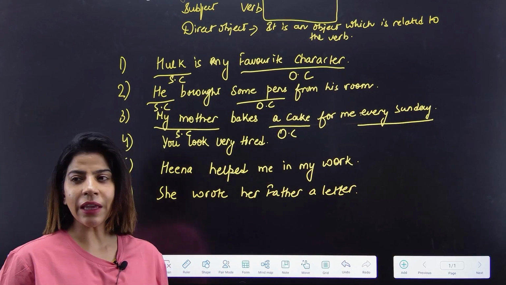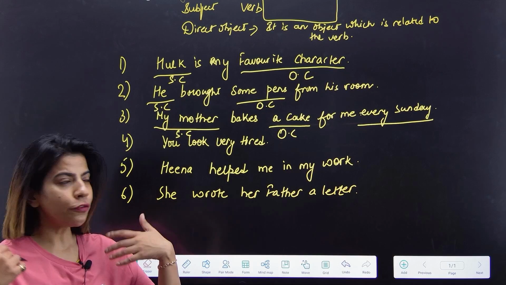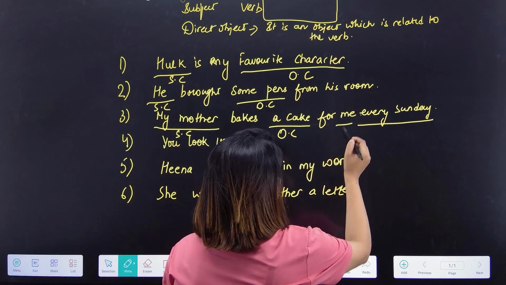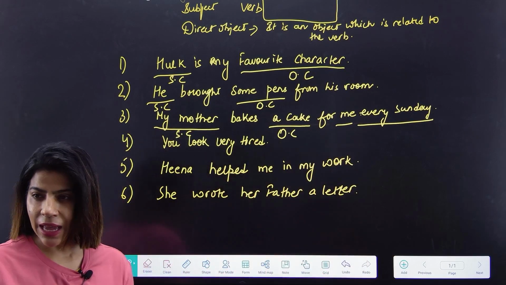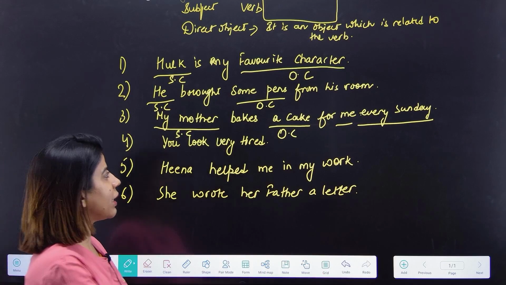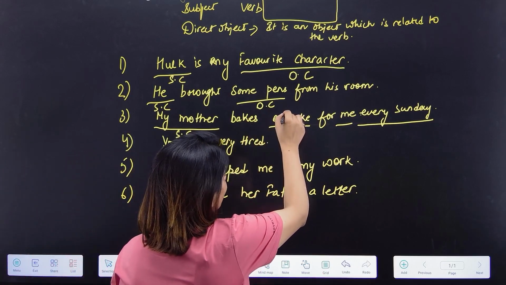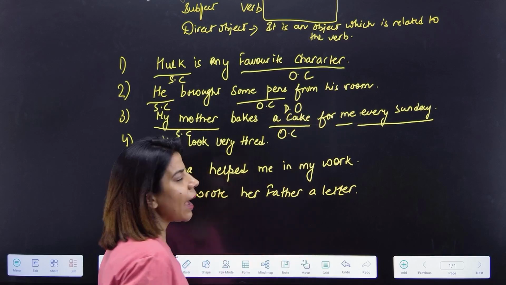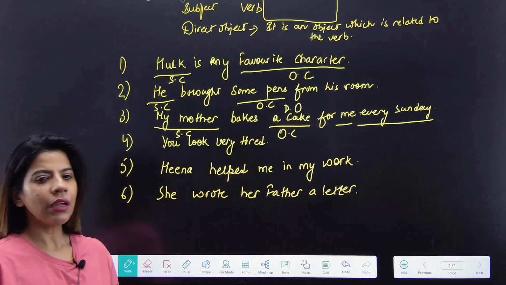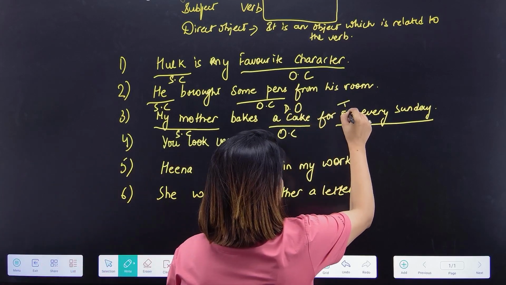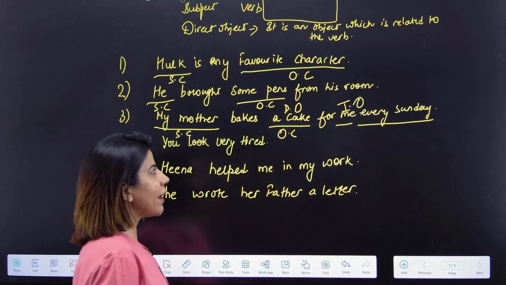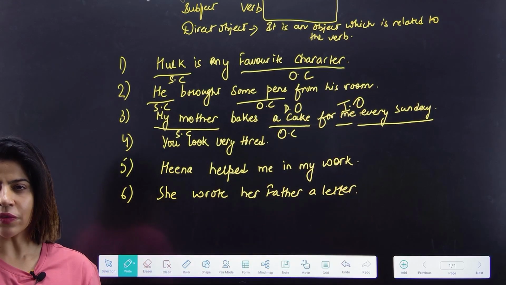She bakes a cake for whom? For me. So yes. So what is direct object? A cake is your direct object and me is indirect object. And your direct object will be your objective case.